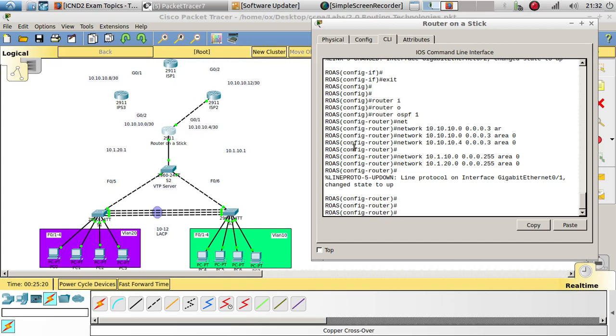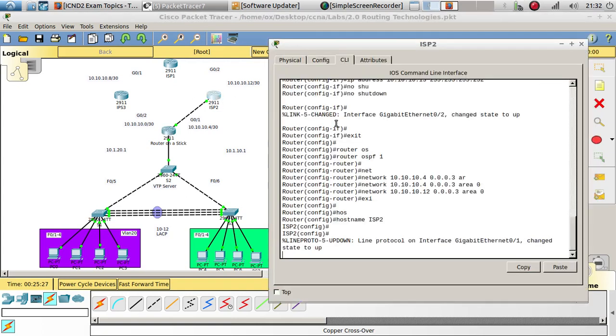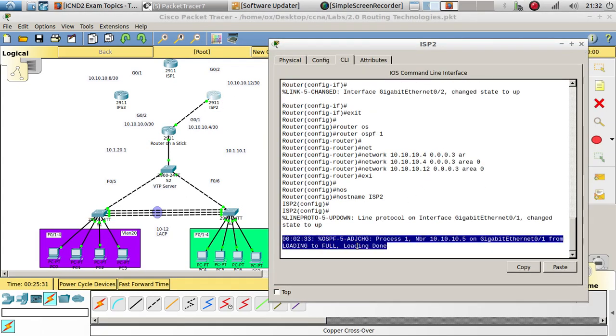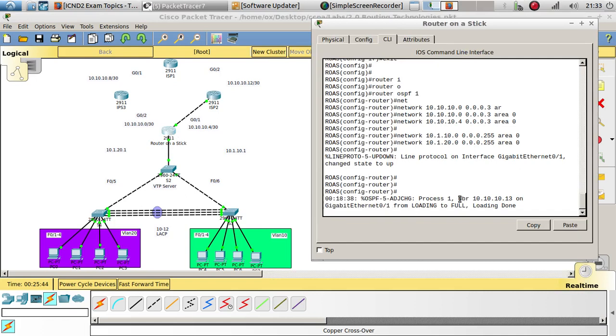Router, and I don't see it working. Why not? So 10.10.10.4, 0.0.0.3. Did I do the same one over here? Yep, here we go. So OSPF, process ID of 1. The neighbor is called 10.10.10.5, which is router on a stick on gigabit 0/1, from loading to full. And now we should have this neighbor 10.10.10.13 on gigabit 0/1.